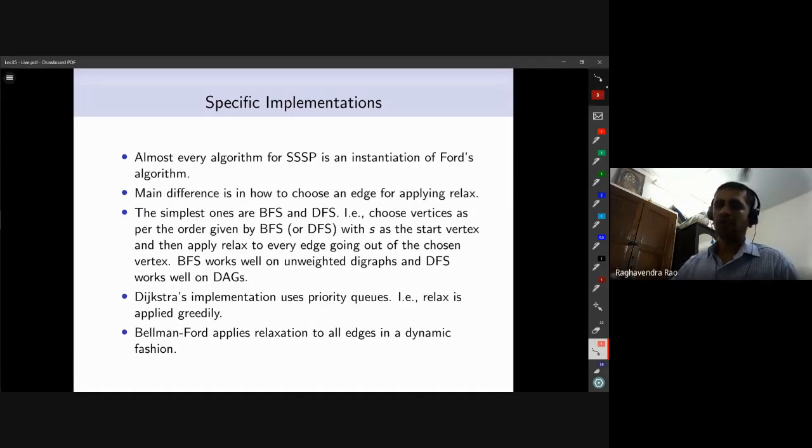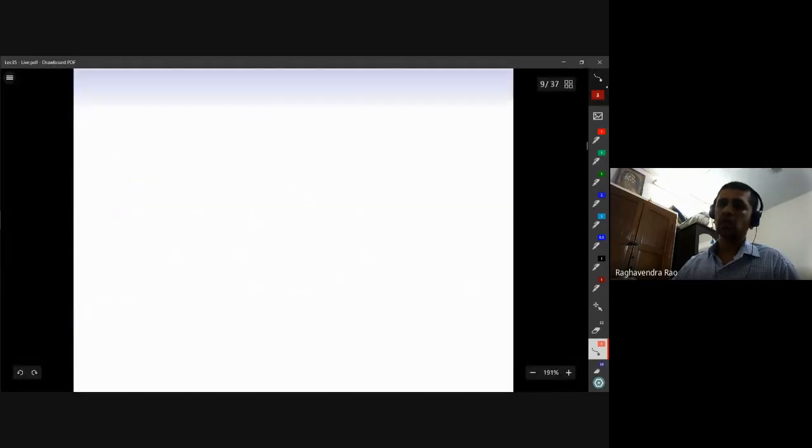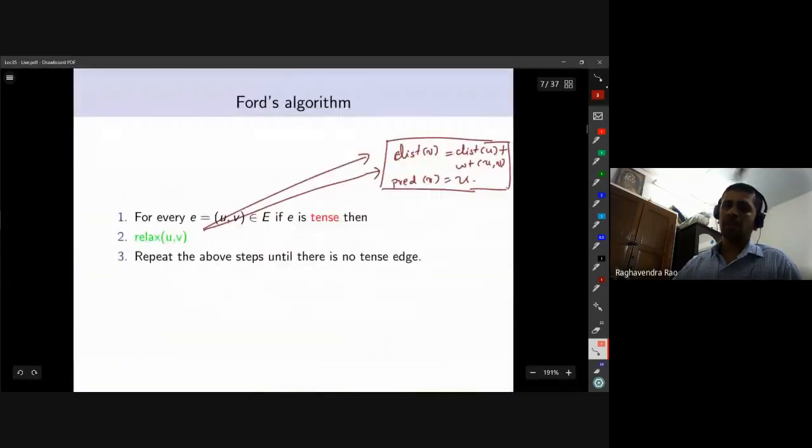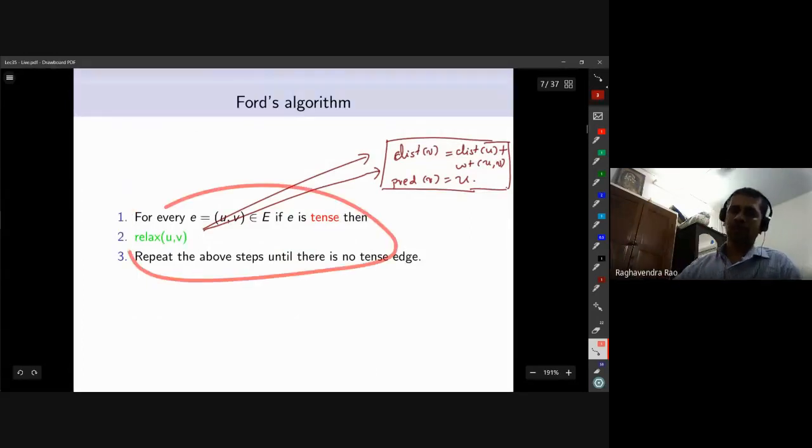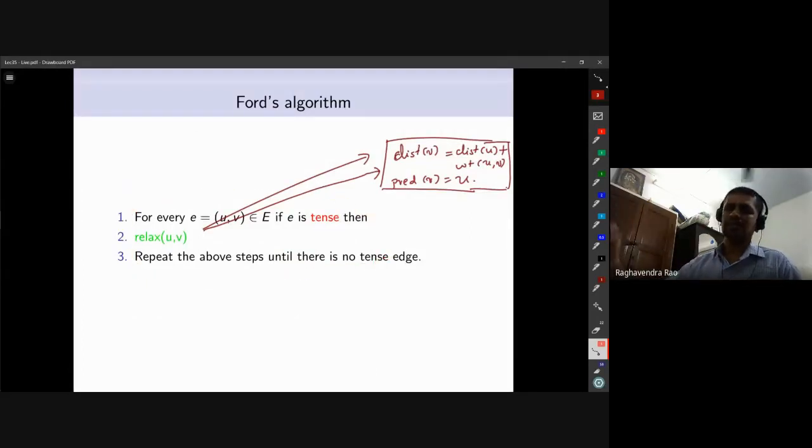Bellman-Ford is slightly different in that it does not do one edge at a time. One epoch, or iteration, is: for all edges you apply this relax step, and you repeat this a certain number of times. You can observe that if you repeat this n minus 1 times, where n is the number of vertices, we are going to get correct paths.